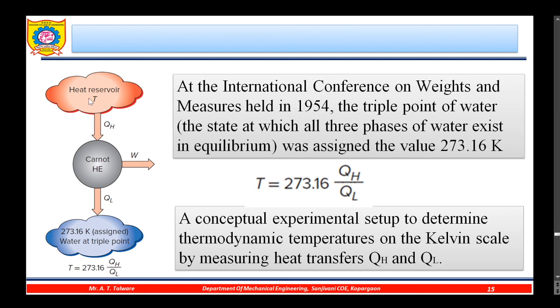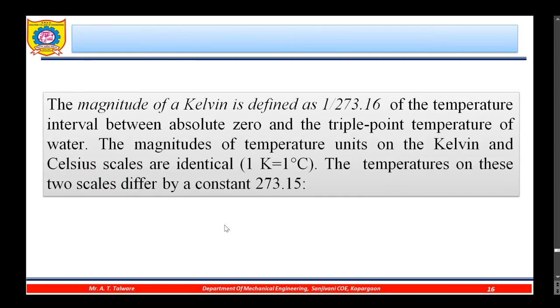The unknown temperature T can be found in terms of QH and QL. So it is independent of the properties of the substances used for the temperature measurement, and the magnitude of a Kelvin is defined as 1 by 273.16 of the temperature interval between absolute zero and the triple point temperature of water.